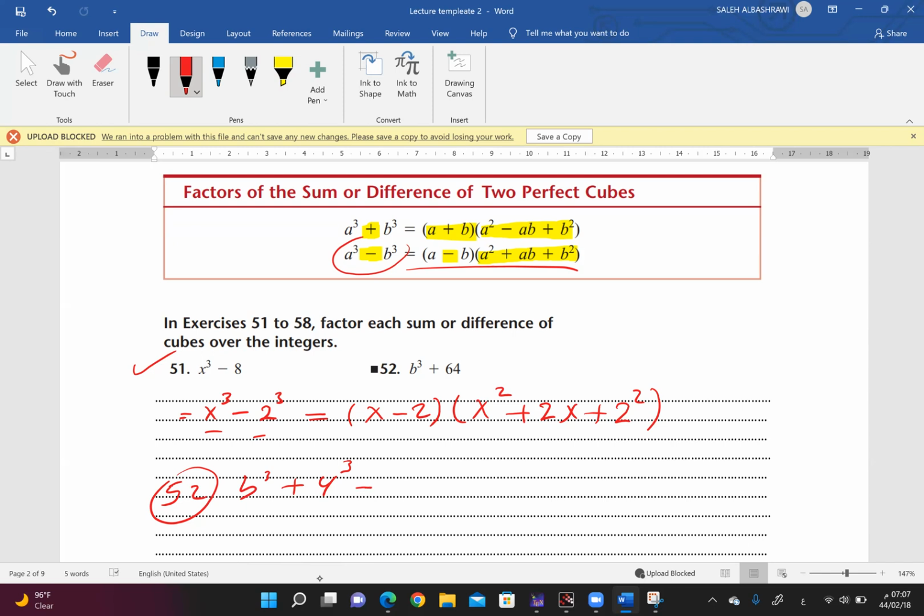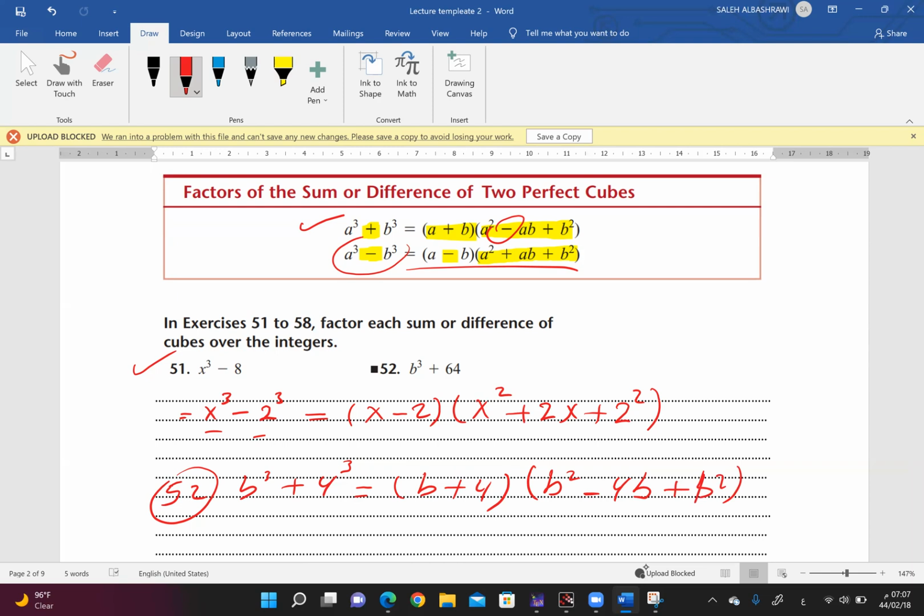So if we need to factor it, it will be b plus 4 in the first bracket, multiplied by b squared, plus 4 times b, or rather, this should be minus, not plus, it's minus 4b, plus 16.